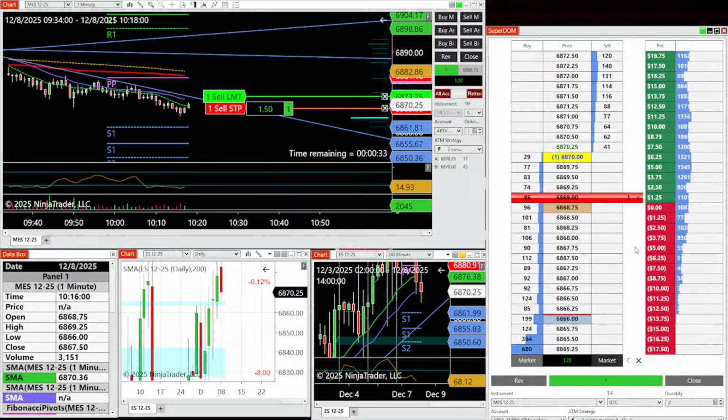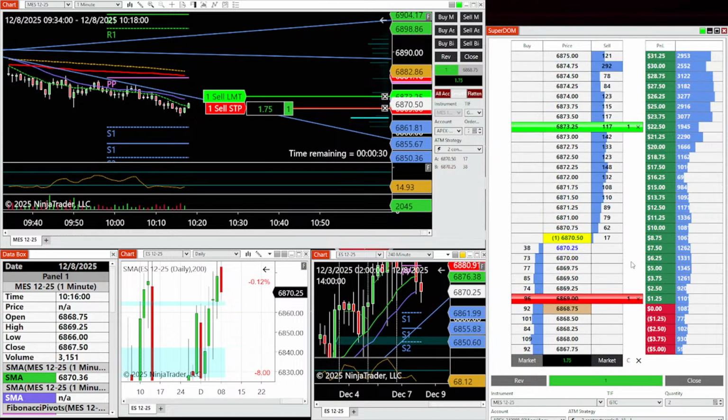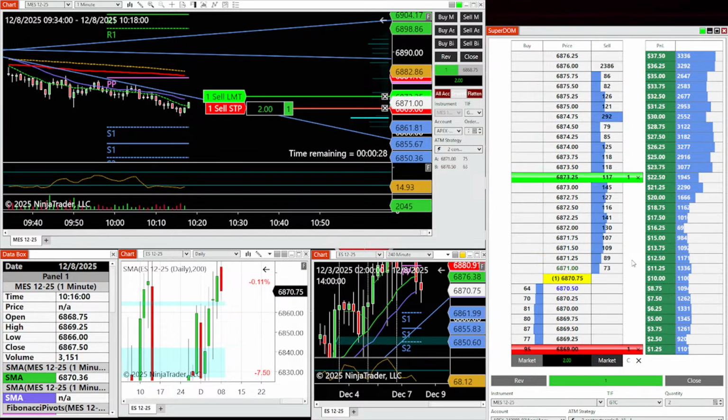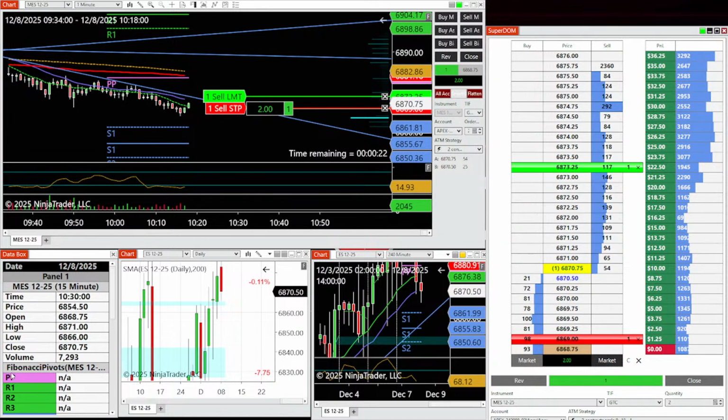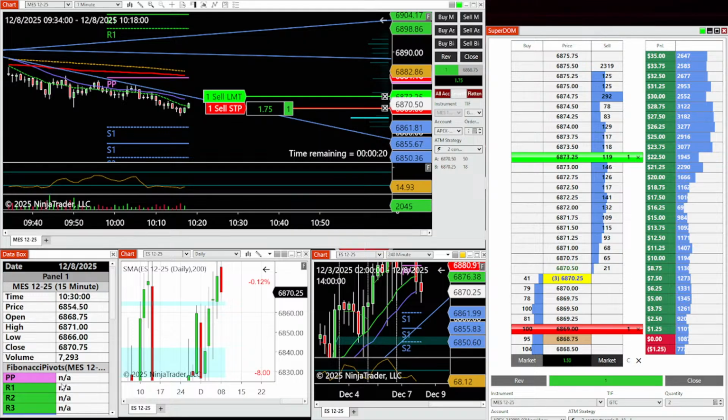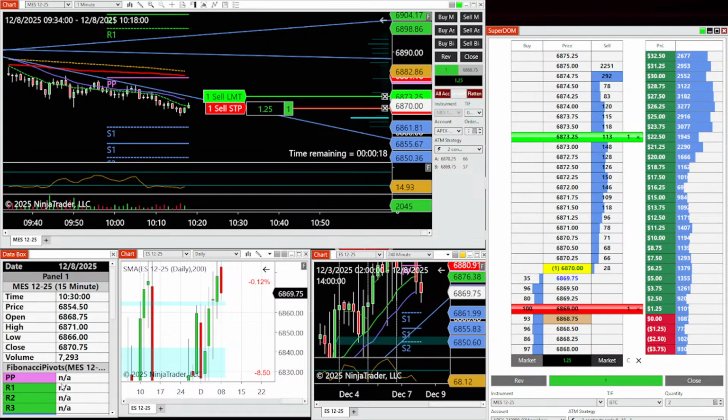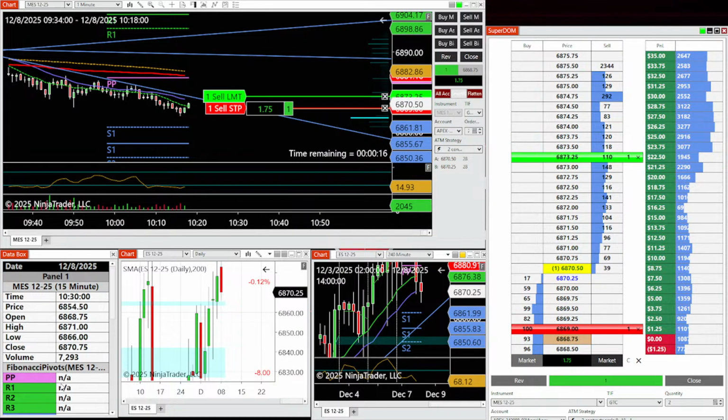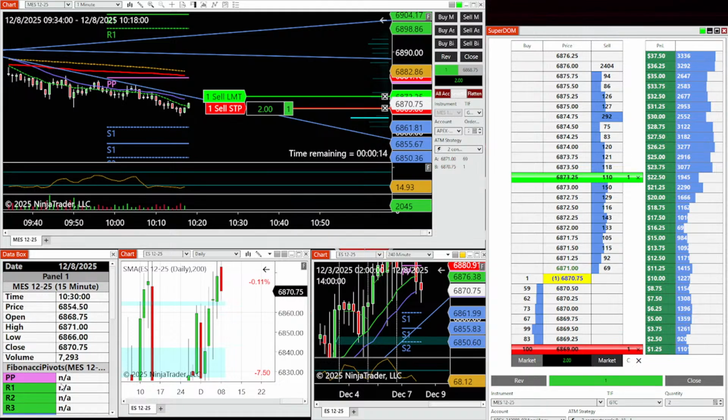Move stop to break even. Can we get to 73? Two points.